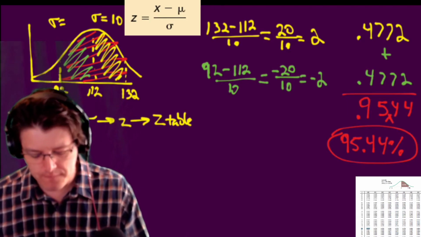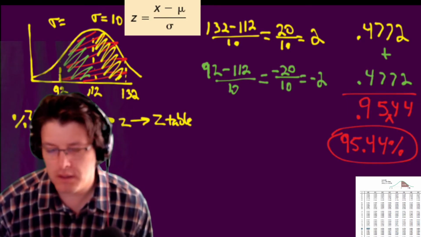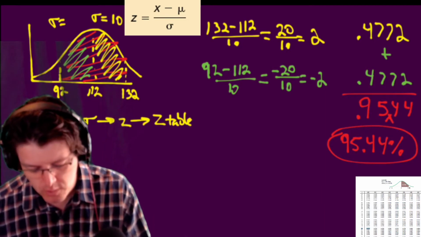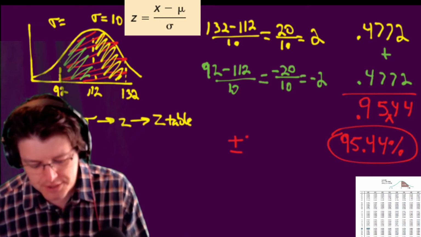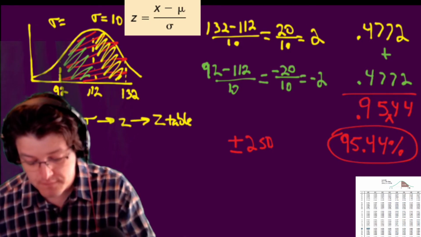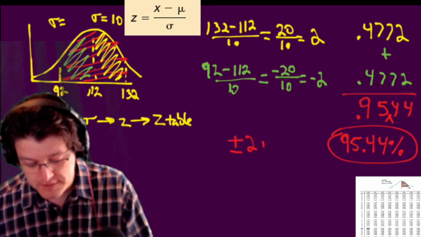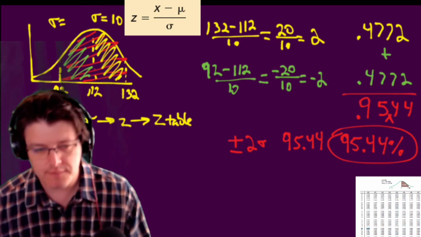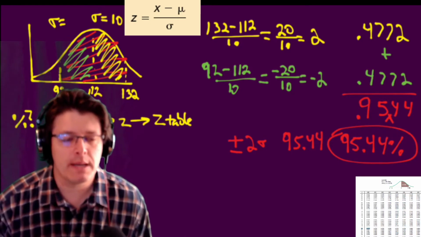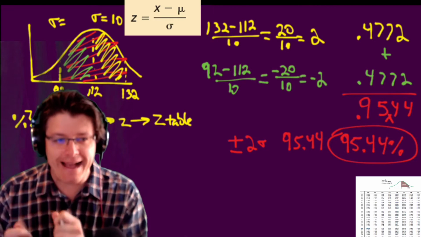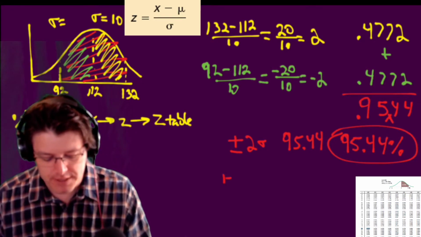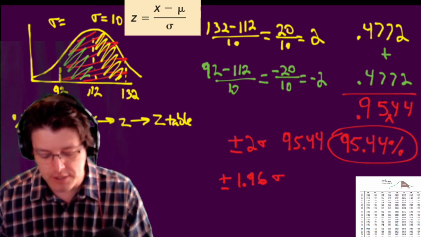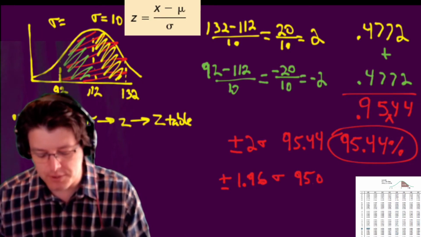The actual value is 1.96. So plus or minus 2 standard deviations, or sigmas, gives you 95.44%. And we kind of use that as a rule of thumb. If you wanted to know exactly what 95% is, it's actually plus or minus 1.96. That would give you 95.0%.